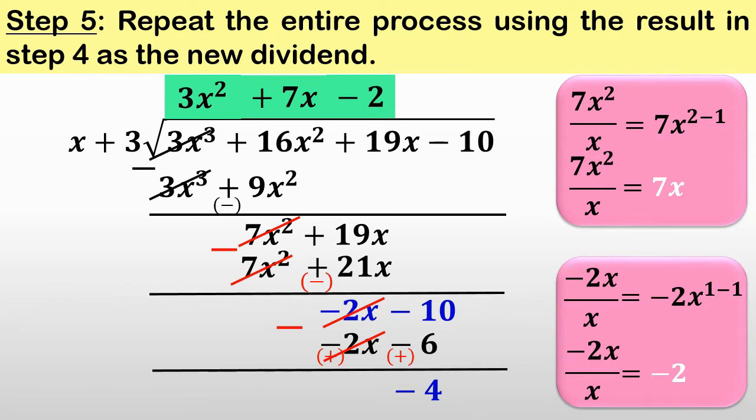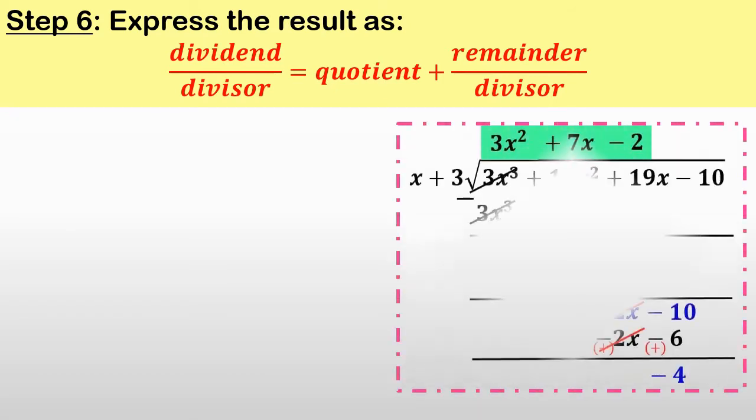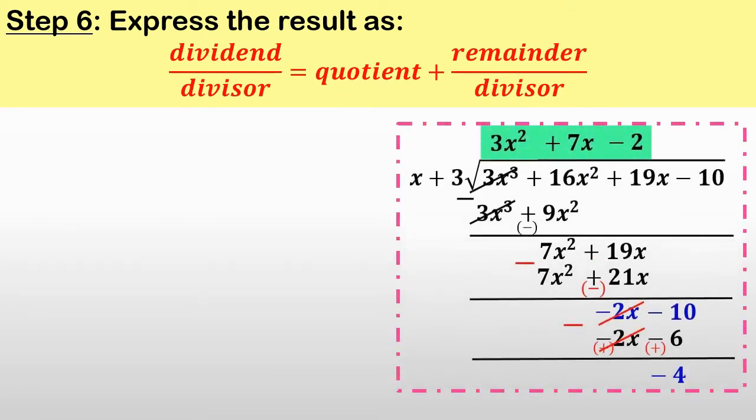Now let's proceed to the last step. Step 6. Express the result as dividend divided by divisor is equal to quotient plus remainder over divisor. So, kung matatandaan natin, ang ating quotient ay 3x squared plus 7x minus 2.